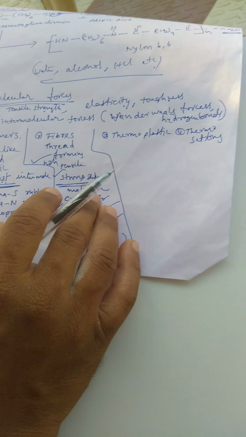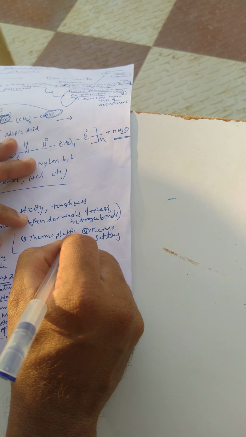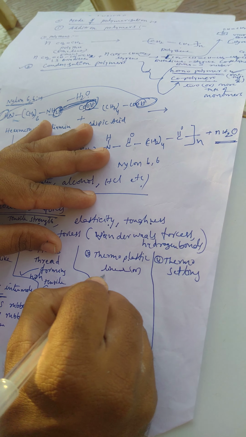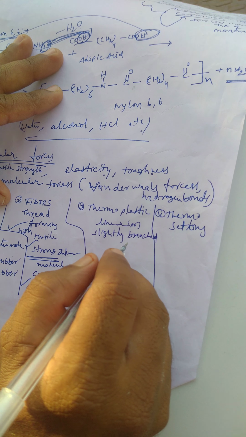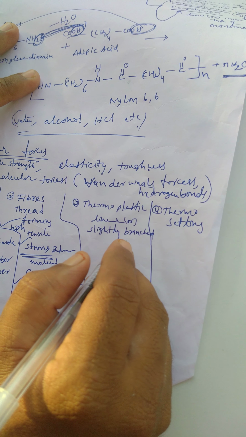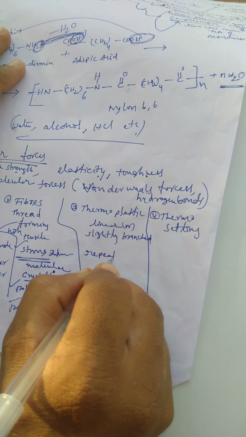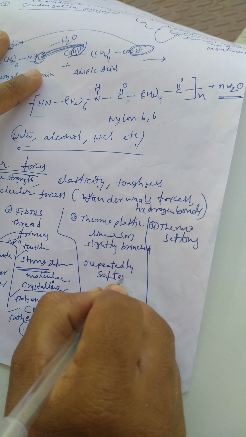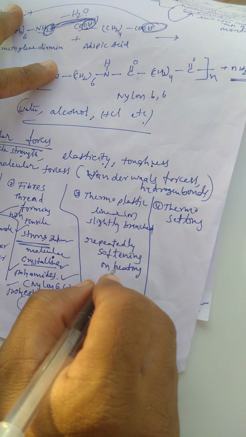And the third one, thermoplastic polymers. These are linear or slightly branched chain polymers capable of repeatedly softening on heating and hardening on cooling.